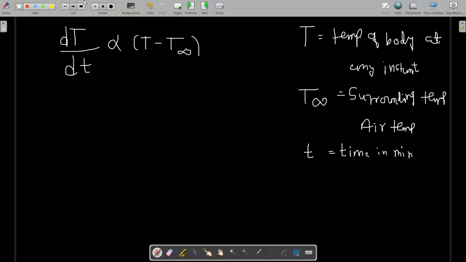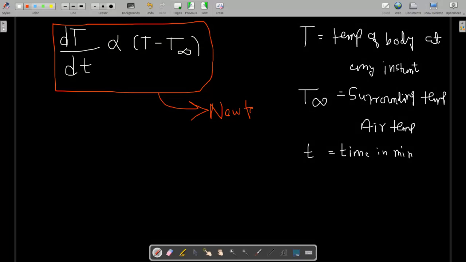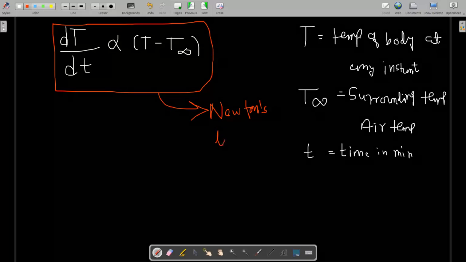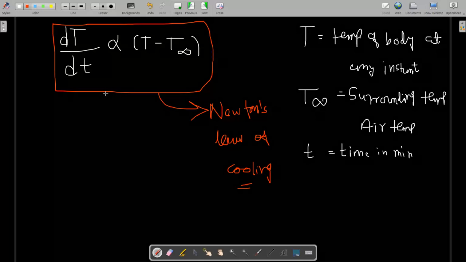And this law is known as Newton's law of cooling. The rate of change of temperature, or rate of decrease of temperature, is proportional to the temperature difference. So we will use this equation to solve our problem.